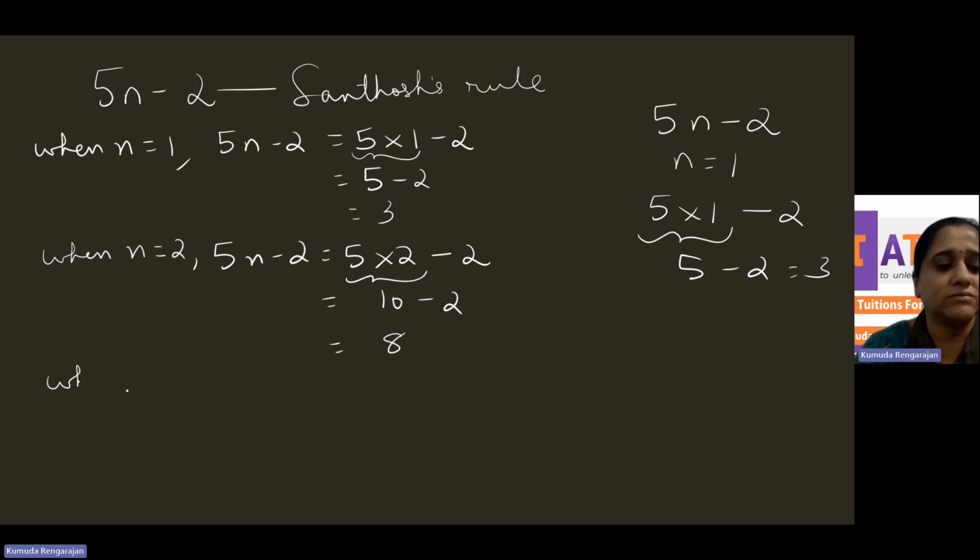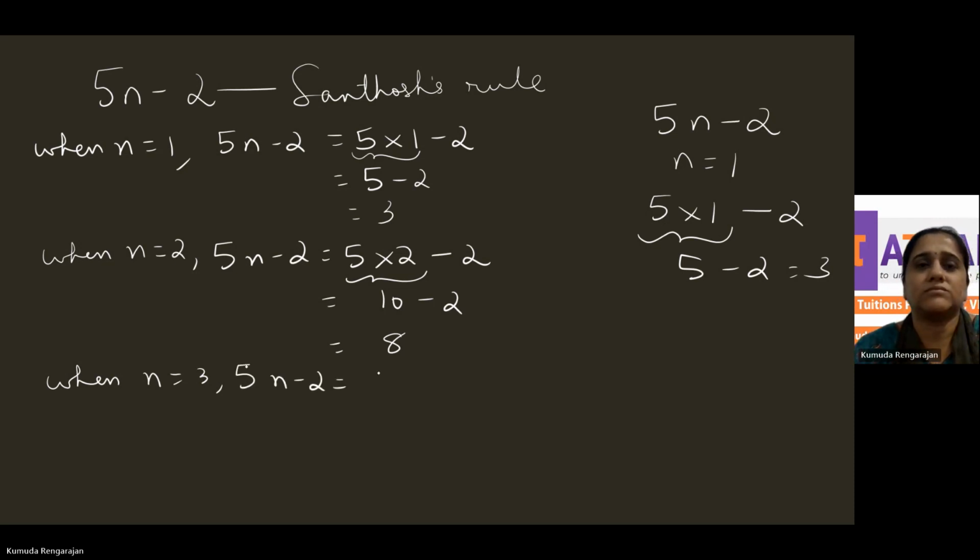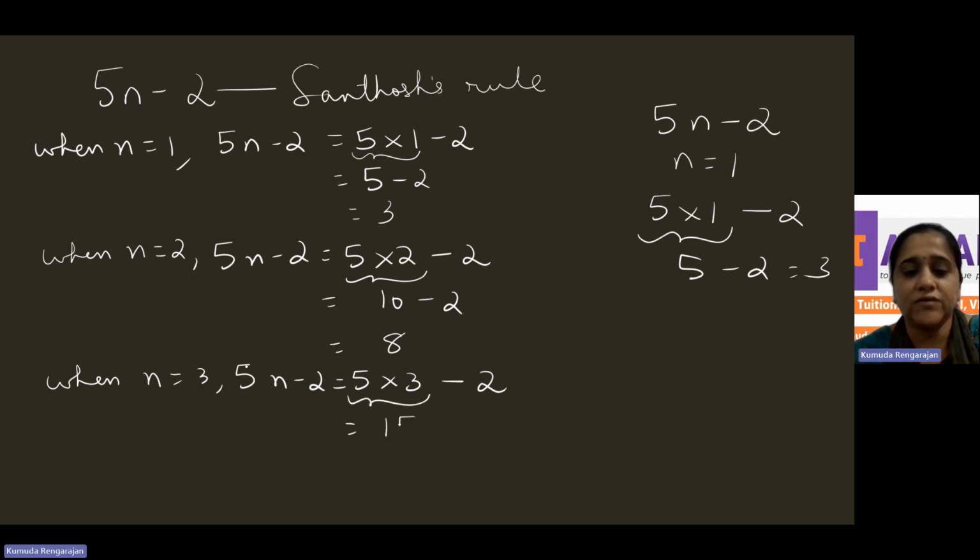When n is 3, 5 into 3 is 15. 15 minus 2 is 13.